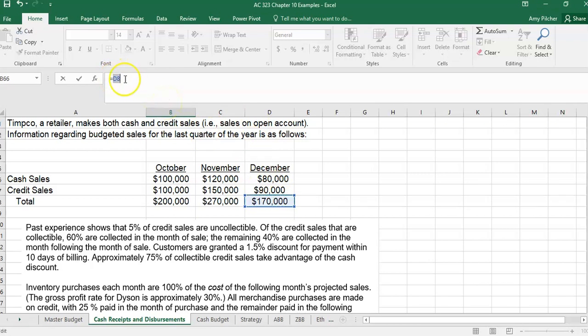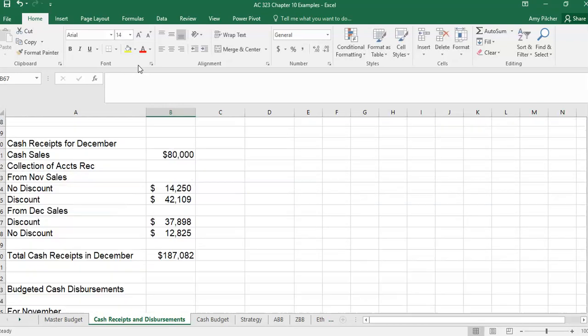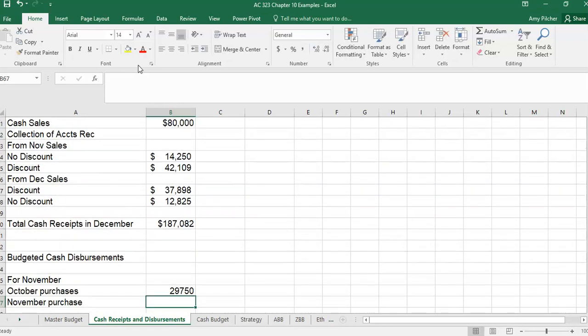Now we don't need the full amount because our gross profit rate is 30%. The opposite of 30% is 70%. Times the 25% that we're going to pay in that month. And that was for our November purchases.